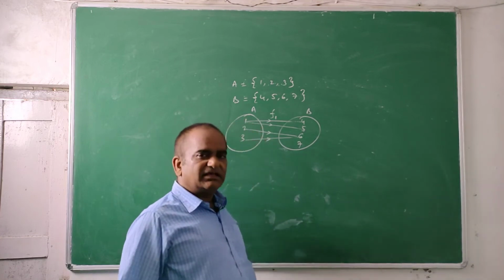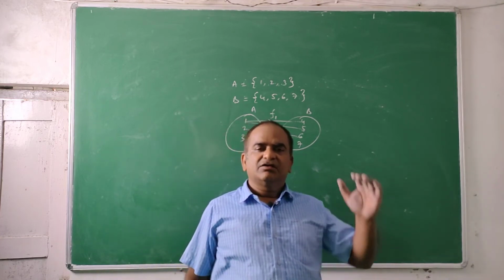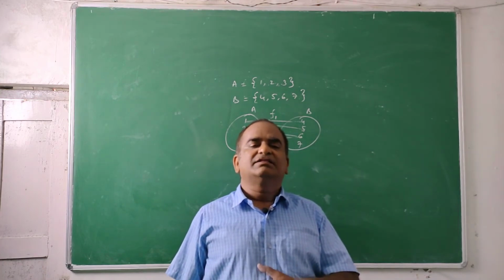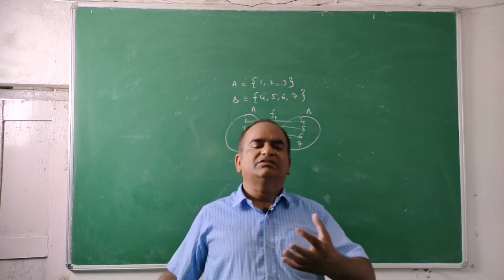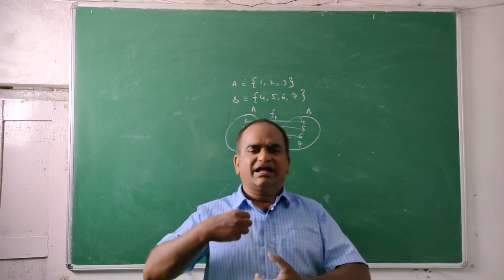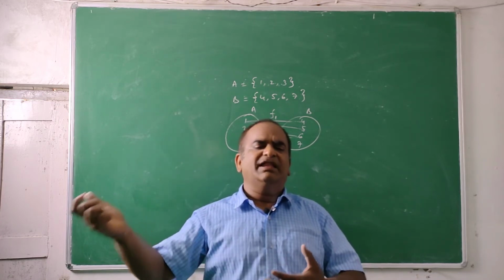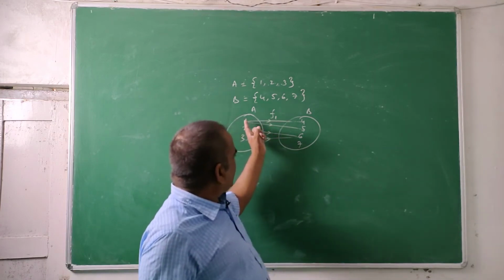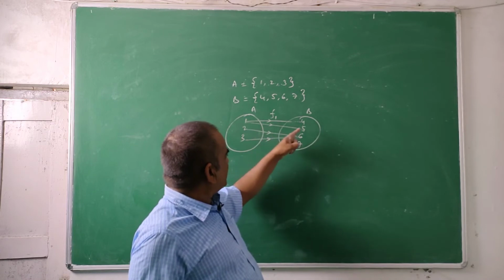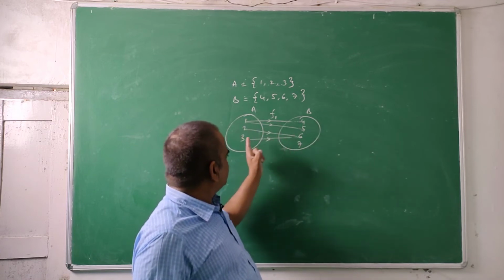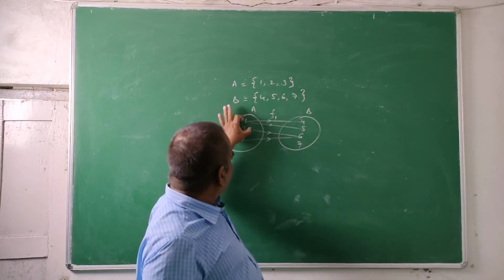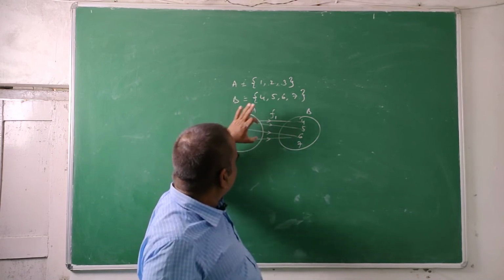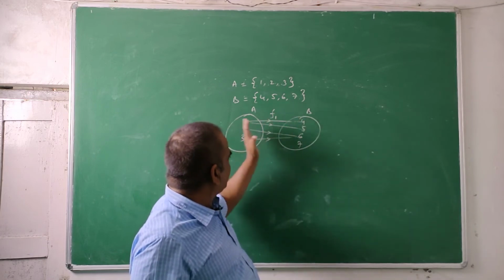First let us see the first condition, whether each and every element of A has some or other association in B, meaning it is connecting with any of the elements of B. See here, 1 is connected to 4, 1 is connected to 5, 2 is connected to 6, 3 is connected to 6. So here each and every element has some or other association in B.